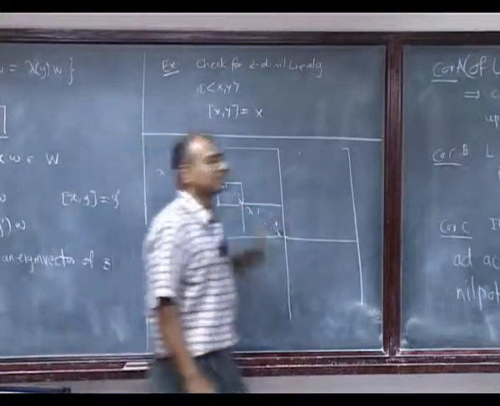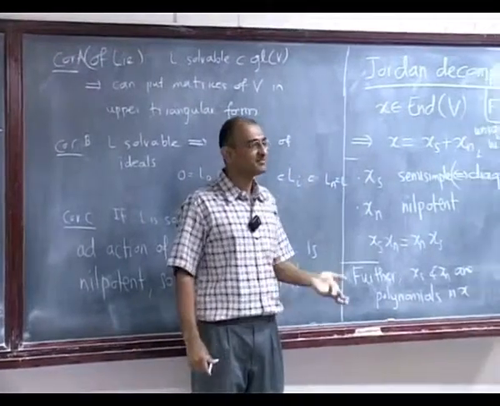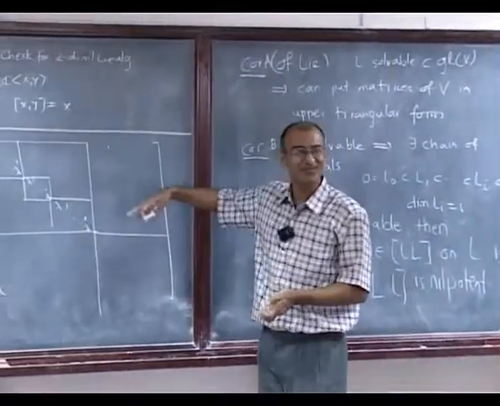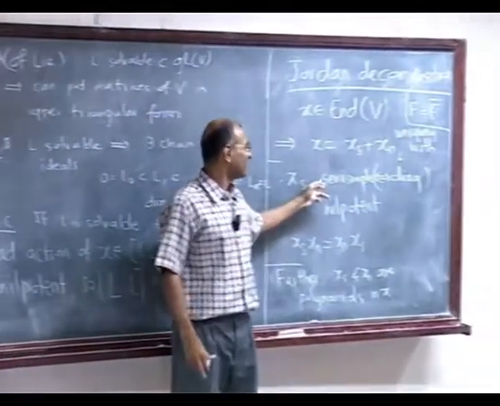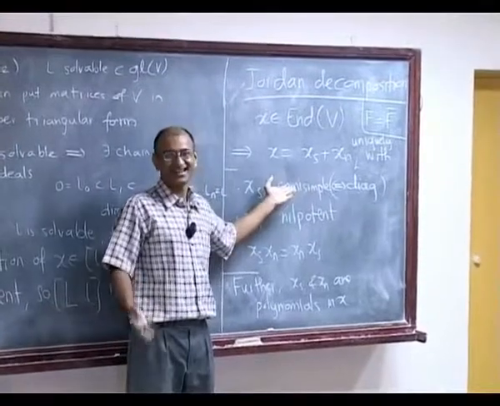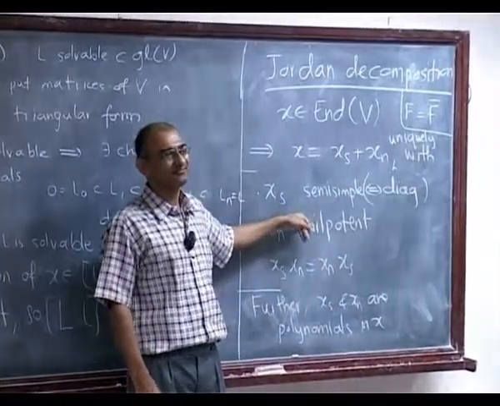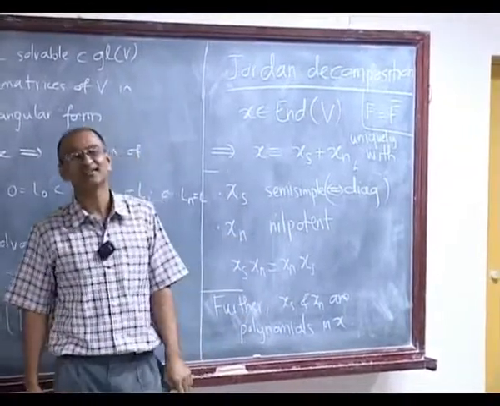So in this description, what is X sub S and what is X sub N? What is the semi-simple part and what is the nilpotent part? You just take the diagonal and you take whatever is left over. It is clear that the diagonal part is diagonal. Is it clear that the other thing is nilpotent? Yes, it is clear. Is it clear that they commute?